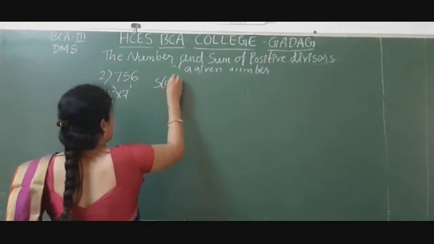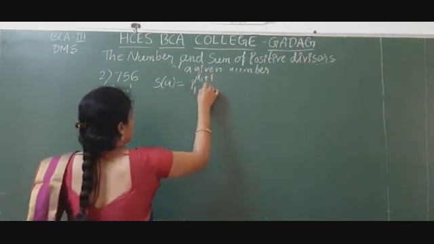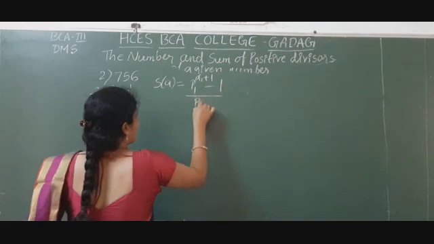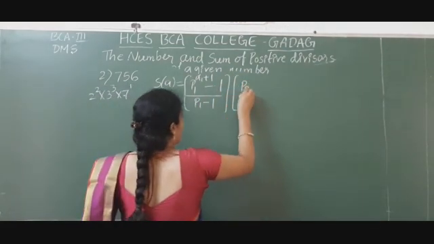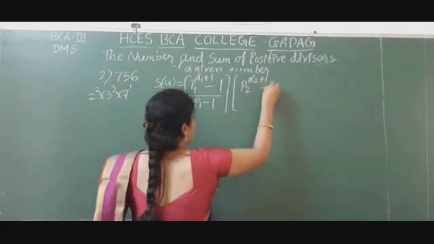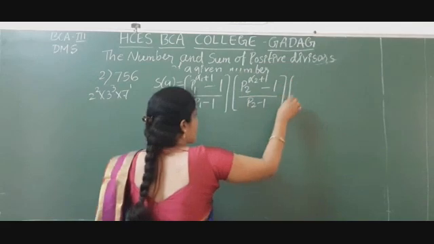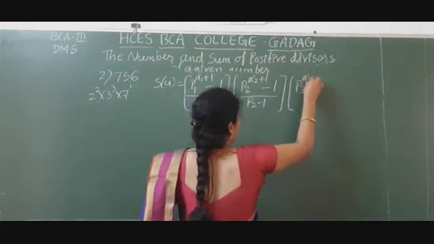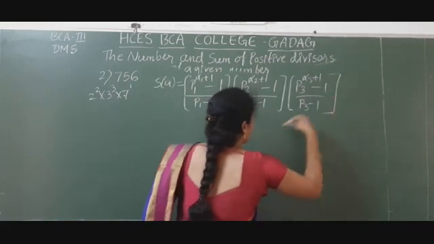S of A is equal to (P1 raised to alpha 1 plus 1, minus 1) divided by (P1 minus 1). Next, (P2 raised to alpha 2 plus 1, minus 1) divided by (P2 minus 1). Next, (P3 raised to alpha 3 plus 1, minus 1) divided by (P3 minus 1).